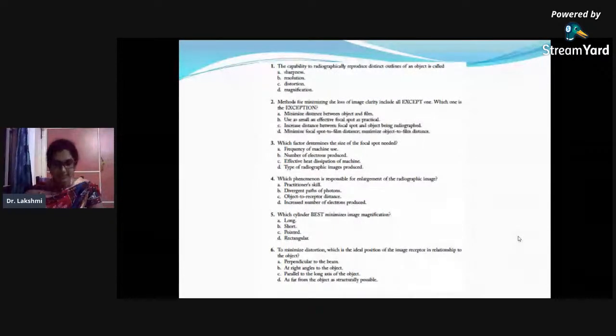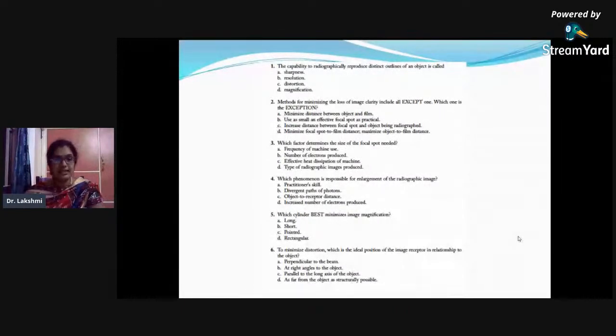Which one is the exception? Option A, minimize distance between object and film. Yes. Use as small a focal spot as practical. Yes. Increase distance between focal spot and object being radiographed. Yes. But option D, minimize the focal spot to film distance, maximize object to film distance. No, they don't improve any clarity of the image. So question number 2, answer is D.